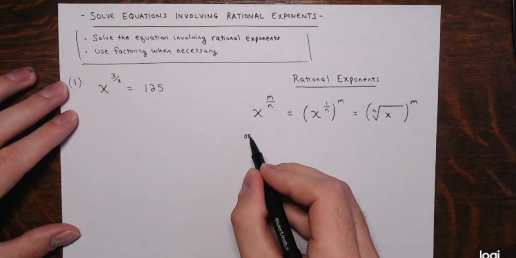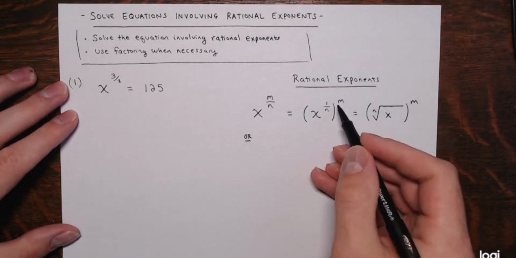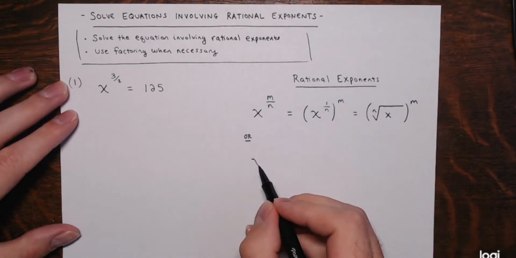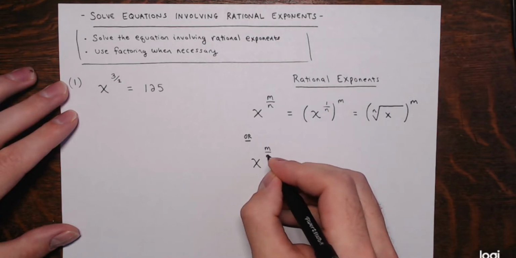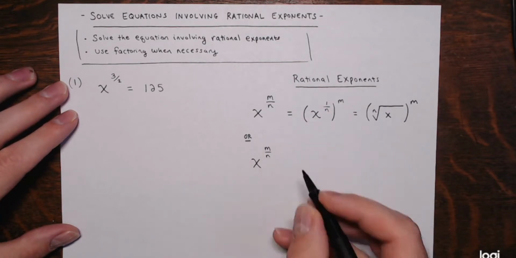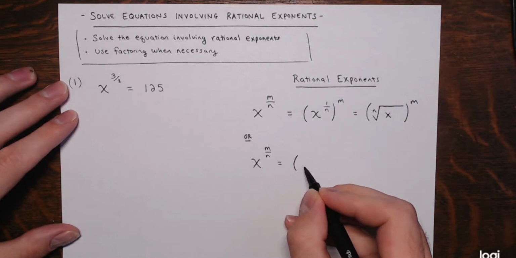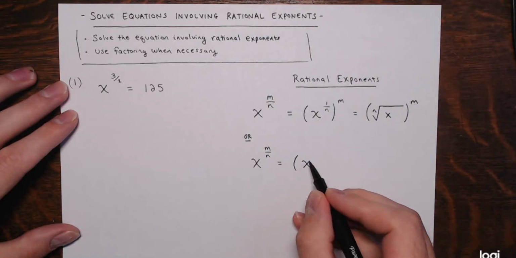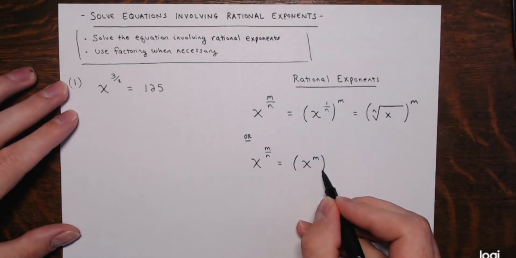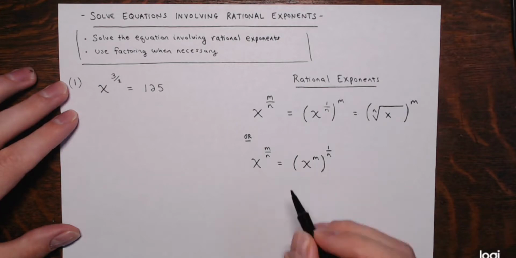Or we could do it the other way around, where I switch these powers. If you see a number to a fraction power, m over n, I can express this using the power to a power property as x to the mth power and then to the 1 over n, because 1 over n times m would be m over n.